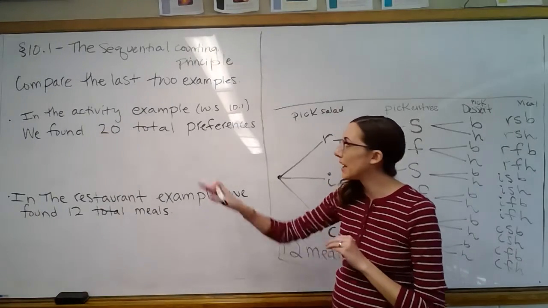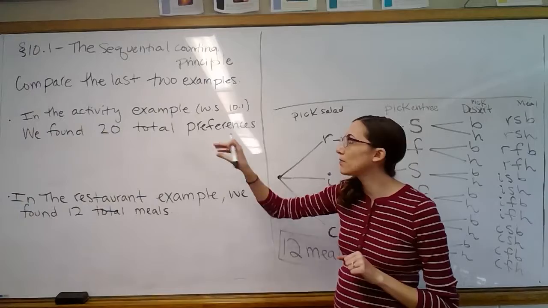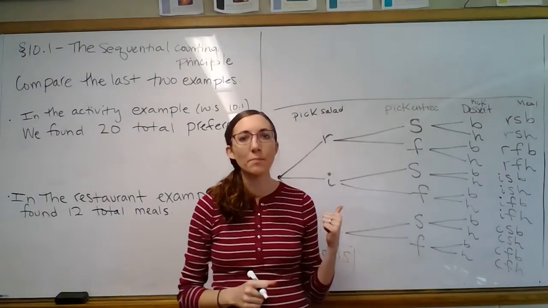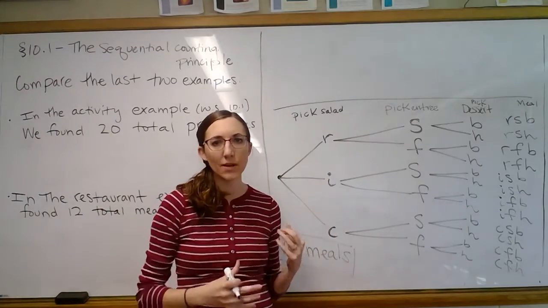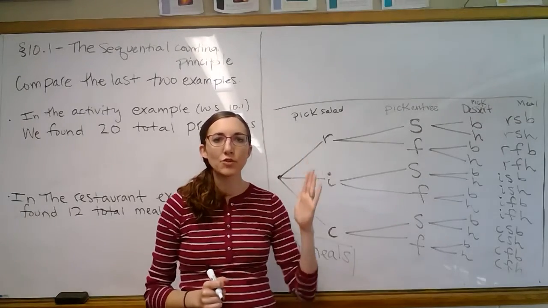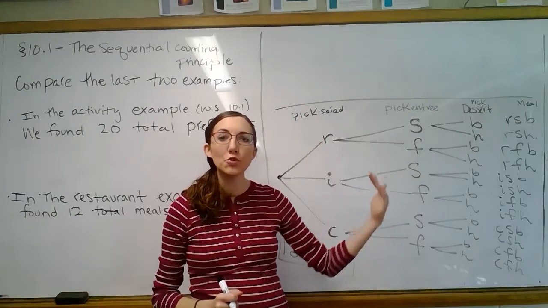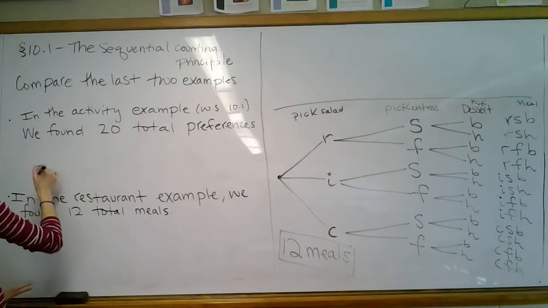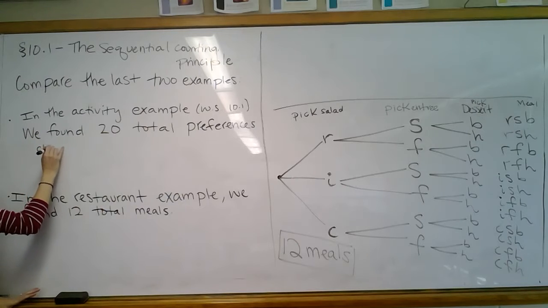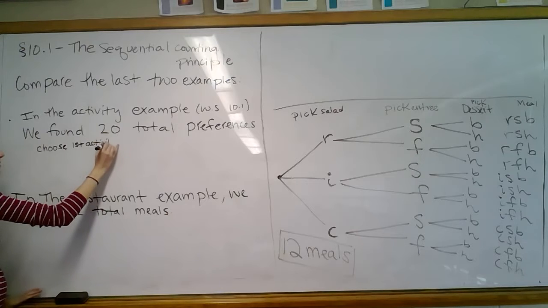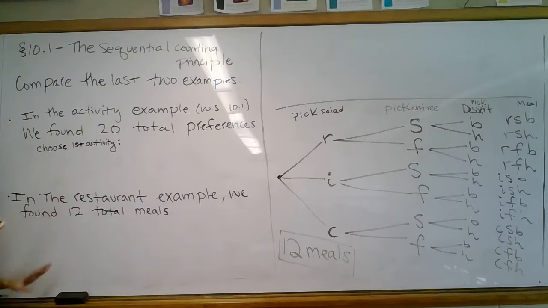So in the activity example, the one that you just did on the worksheet, we found 20 total preferences. Now I left the tree diagram for our meal example up just so we can remember what it looks like and kind of reference it. So if we think about in the activity example, when we drew our diagram, there were really only two columns, right? We had our start point and then there was choose your first activity. Which, if we remember, there were 5 different choices for how to do that.